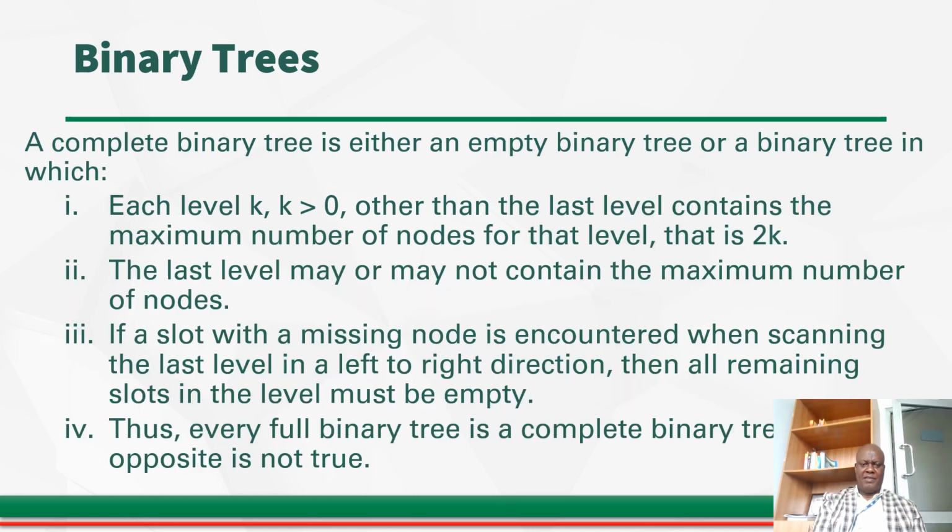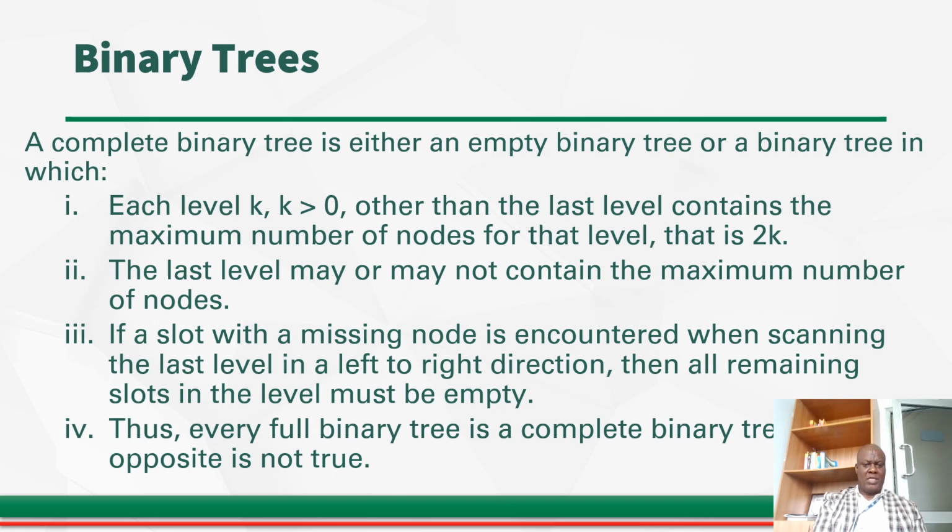A complete binary tree is either an empty binary tree or a binary tree in which each level k greater than 0, that is the level now, other than the last level contains the maximum number of nodes for that level, which is 2^k. The last level may or may not contain the maximum number of nodes.